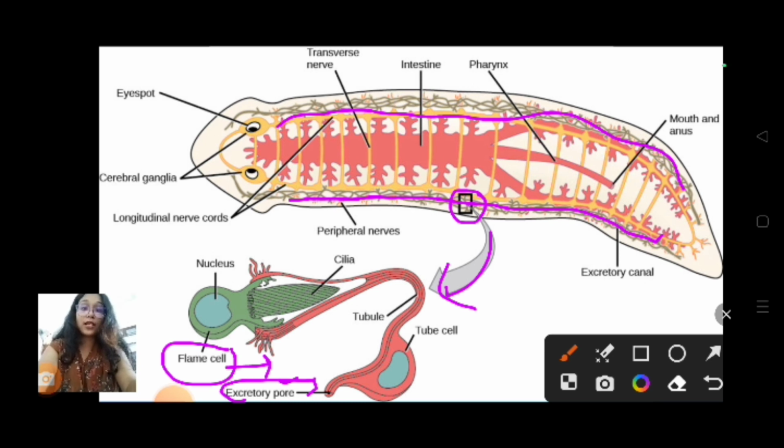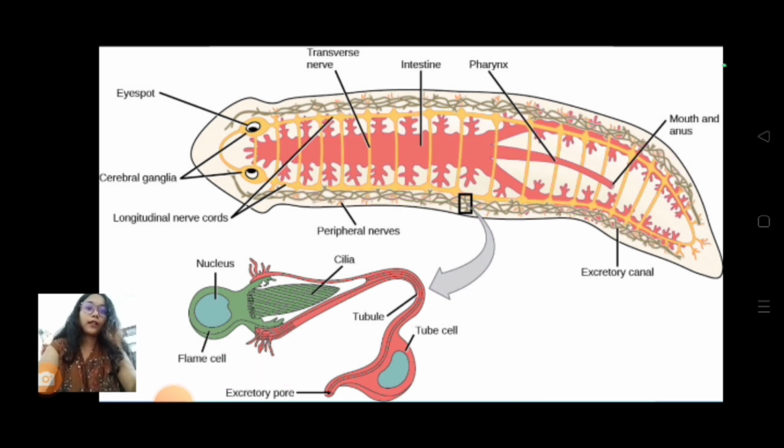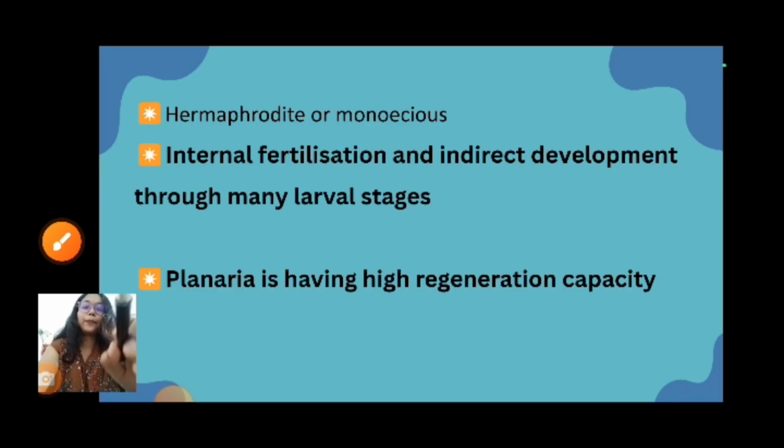For excretion and osmoregulation. Is it clear? And flame cells you can see in this phylum only, in phylum Platyhelminthes. Is it clear to you all? Okay, then moving on to the next slide.